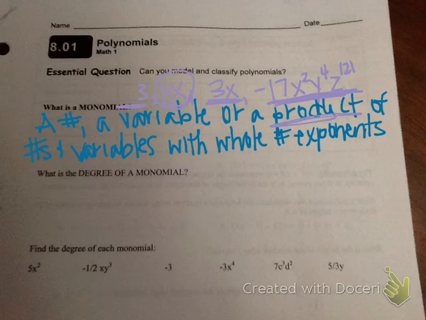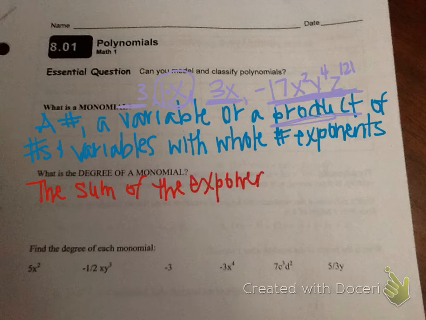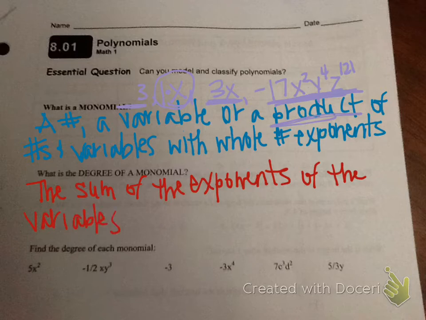Degree of a monomial is the sum of the exponents of the variables of a monomial. So, for example, let's start with 3.